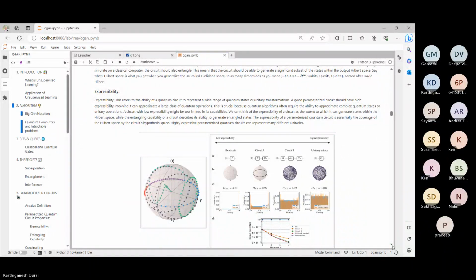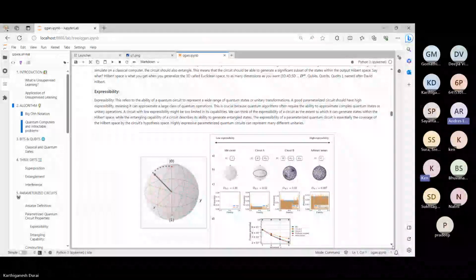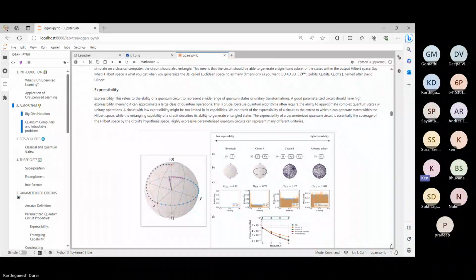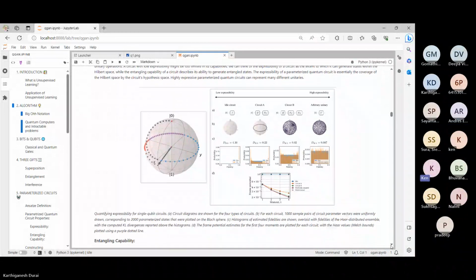We could ignore the bottom definitions, but they just give our KL divergence, and we'll see what that means later. But this is what's important: we want high expressibility. We could see in the other gif here, as this qubit is spinning, how expressive it is. This is what we want. We want to utilize the entire space. We don't want to be concentrated in one particular area.